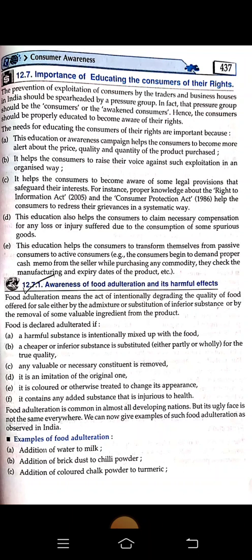So food adulteration is common in almost all developing nations, but its ugly face is not the same everywhere.